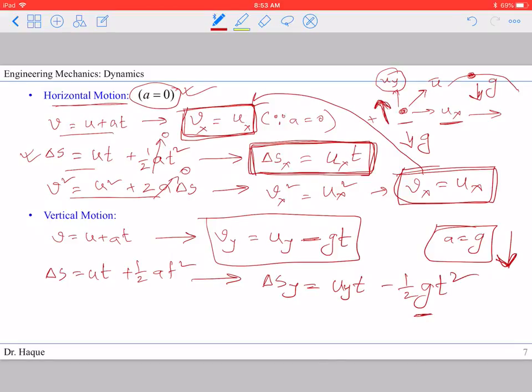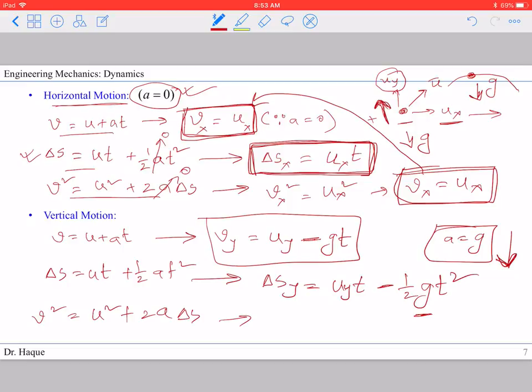Acceleration is g, and it is negative because it is acting in the opposite direction of the particle's throw. The final equation is v squared equals initial velocity squared plus twice a delta s.